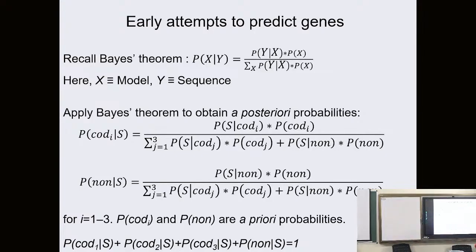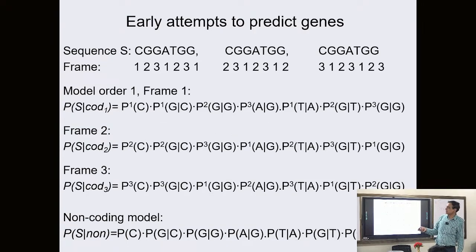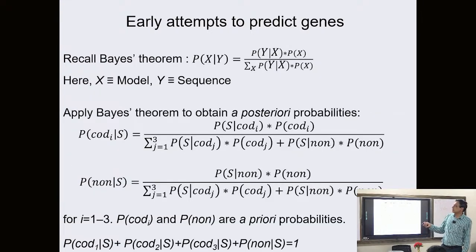Importantly, if you see the denominator, X is the model, so all models can get integrated through Bayes theorem. In the denominator it is a summation over X, and X is the model. How many models are there in total? 1, 2, 3, 4. All these can be integrated within the Bayesian formalism.